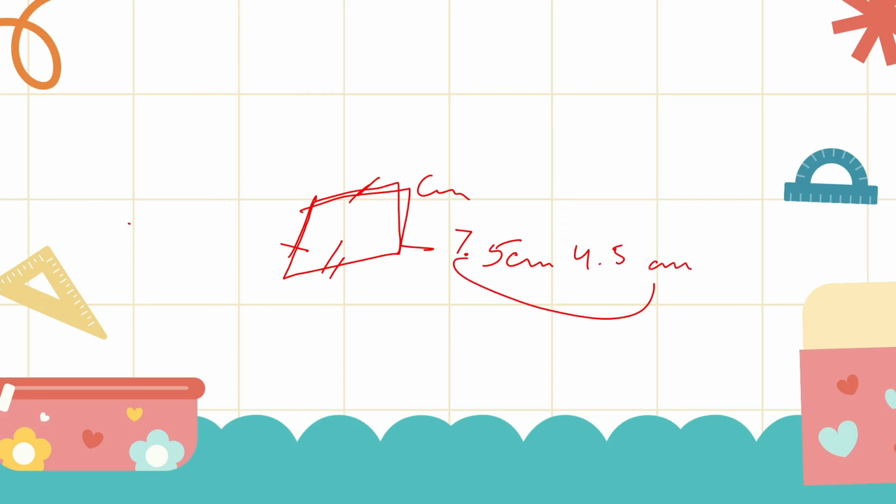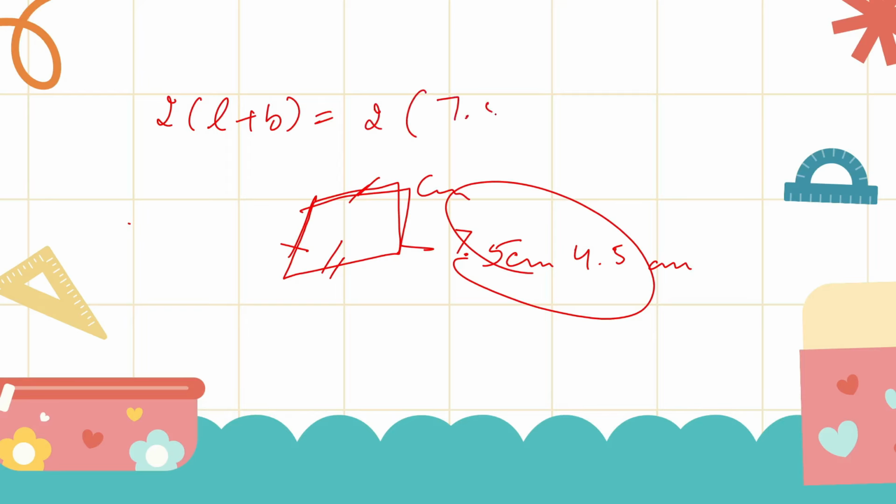Now we know that the perimeter of a rectangle equals 2 into length plus breadth. The same formula we are going to use in this parallelogram. So we have to do 2 into 7.5 centimeter plus 4.5 centimeter, and this is 2 into 12 centimeter. Answer is 24 centimeter. So this is the answer of the perimeter of the parallelogram.